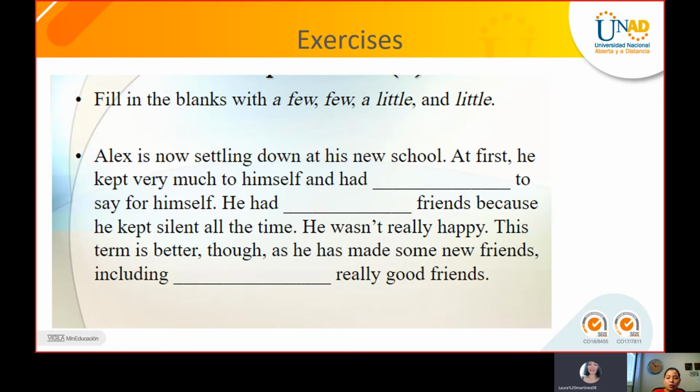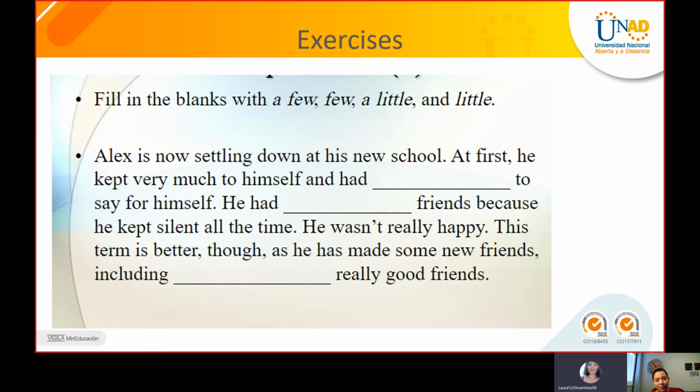Okay, so did you write the answers in the chat? Try to write the answers in the chat, and then I'll show you the answers. Entonces, ¿las respondo? ¿Comienzo a responderlas?